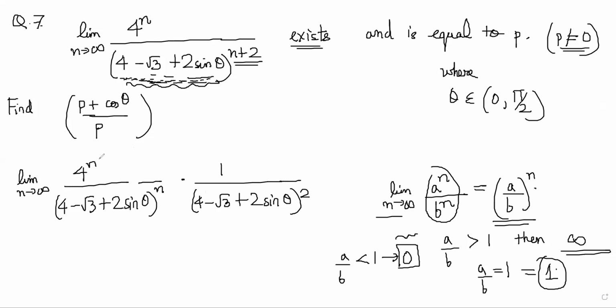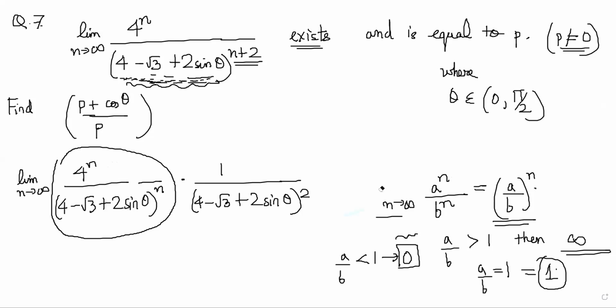So now this is a by b power n. Isn't it better to do 4 square up and down, because then n plus 2 will be the same and we won't have any root? You could do that also, but that doesn't change anything. It will be the same amount of effort eventually.